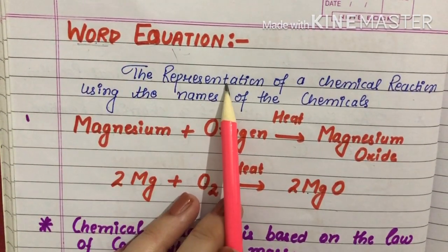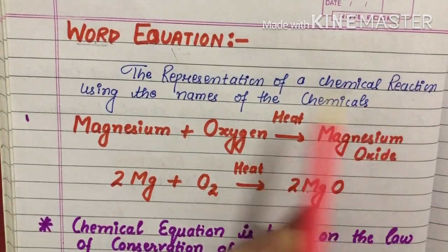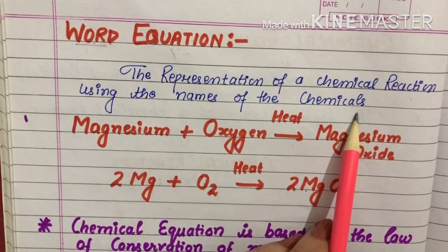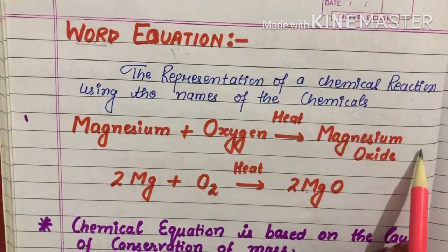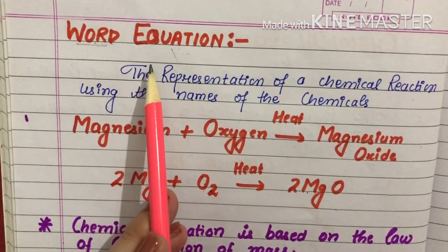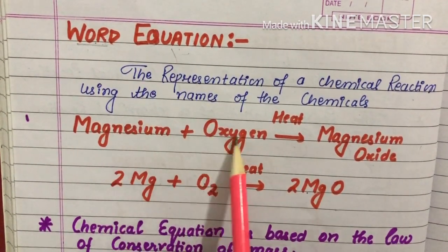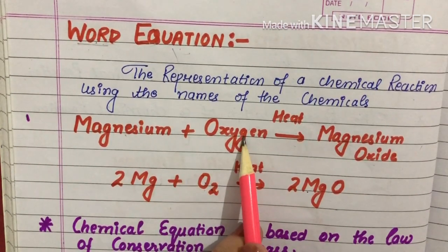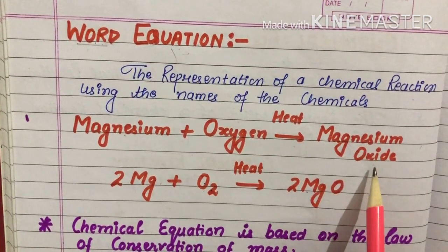It is the representation of a chemical reaction using the names of the chemicals. When we use the names of the chemicals in a chemical reaction, the equation formed is called a word equation. For example, when magnesium reacts with oxygen, it will give magnesium oxide.